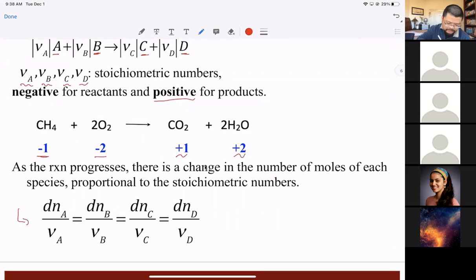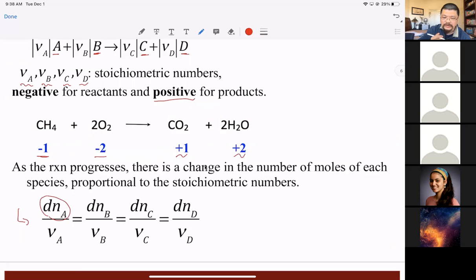So here dN_A is the change of species A during the reaction. We don't even need to define whether this is a positive change or negative change. If this is a reactant, then dN_A shall be a negative value because we consume the reactants to produce reaction products, right?